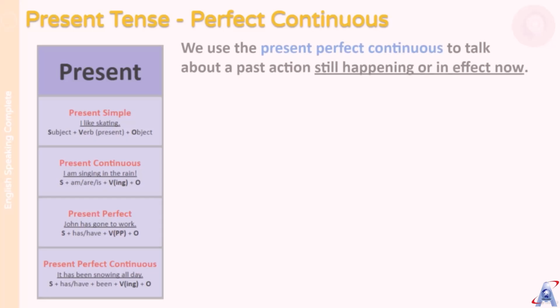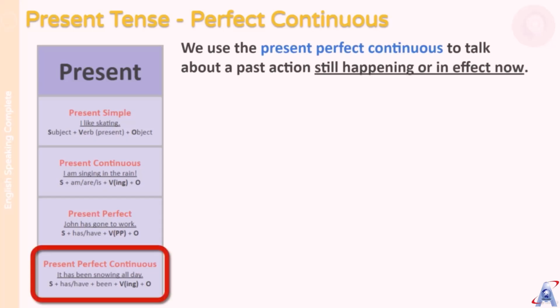And of course, here's an example. It has been snowing all day. So we use the present perfect continuous to talk about a past action that's still happening now, or it's still in effect now.